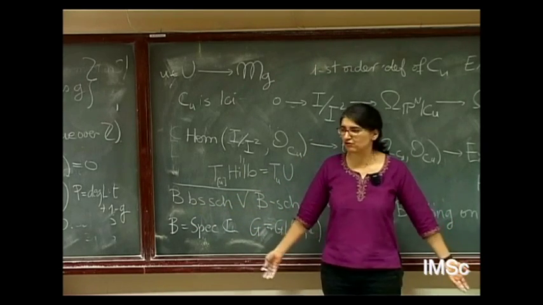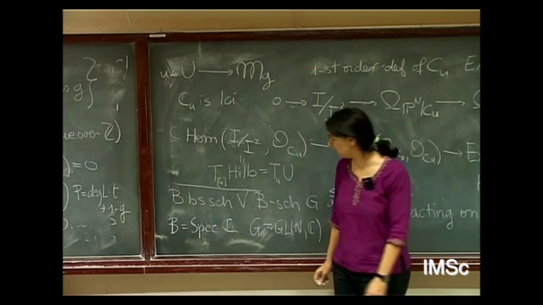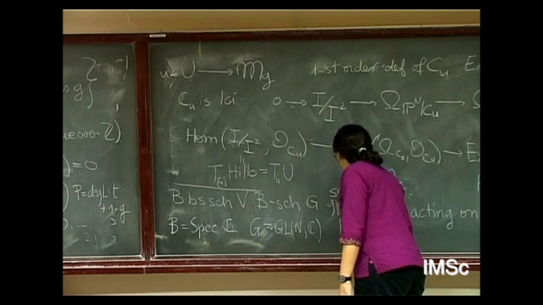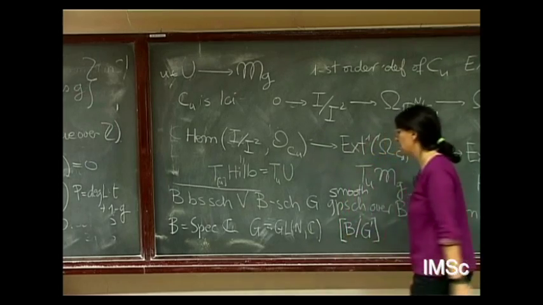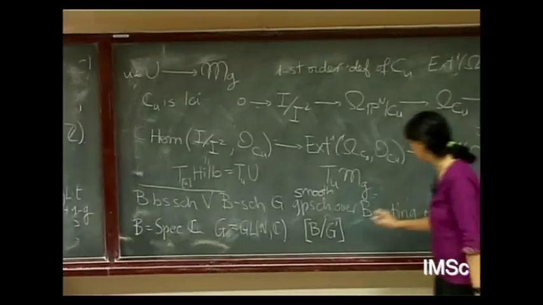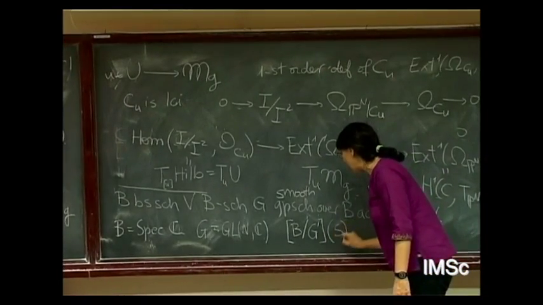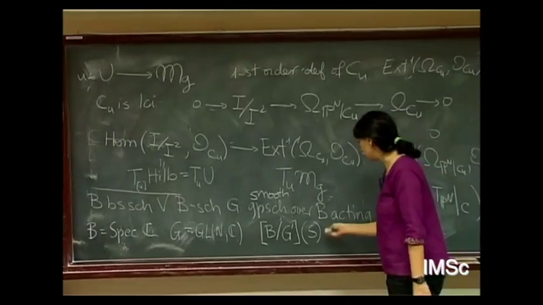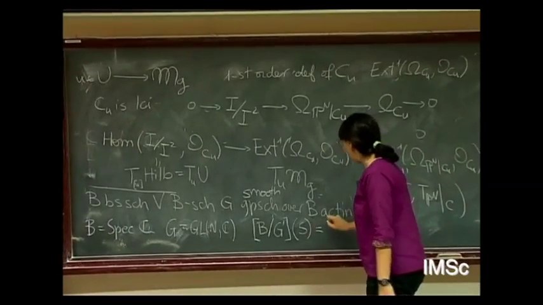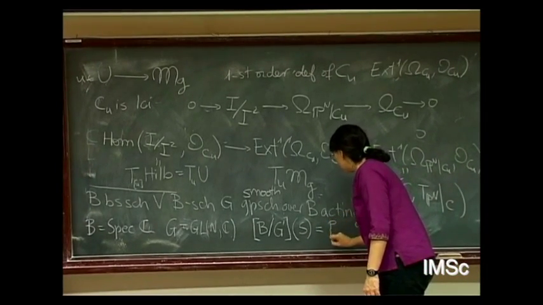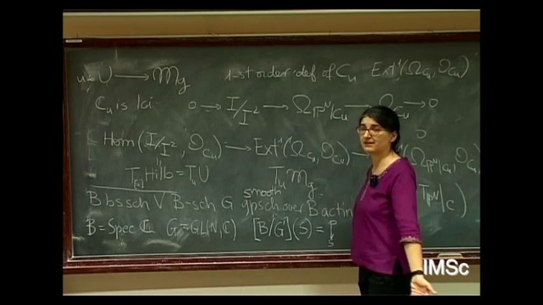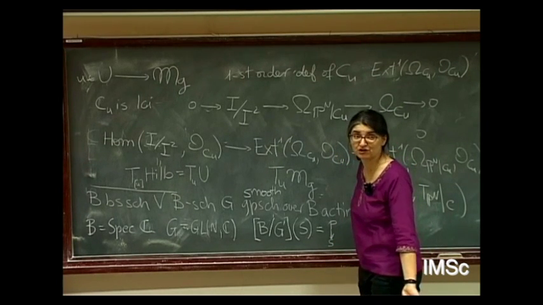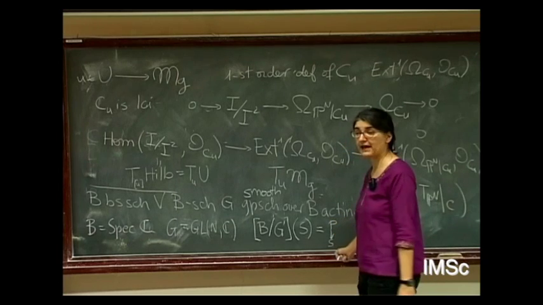There's only one action, because it's just one point. And what you can do is you can do the quotient B over G. So what is this? If you compute it over a certain S, well, I have to give you a principal G bundle, and then I have to give a G equivariant map, but there's only one map to B, which is the constant. So this is all I have.